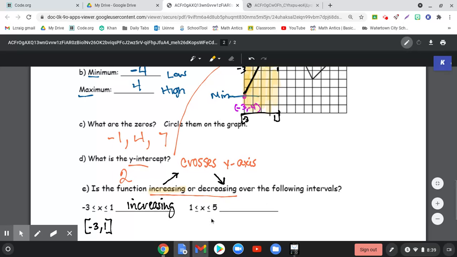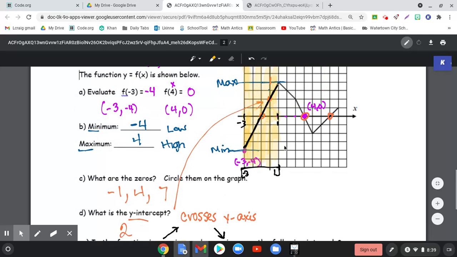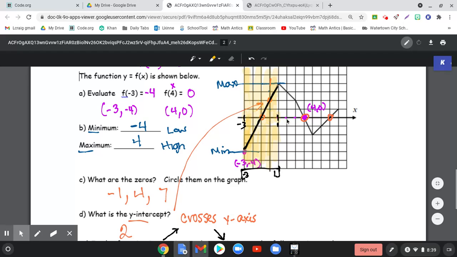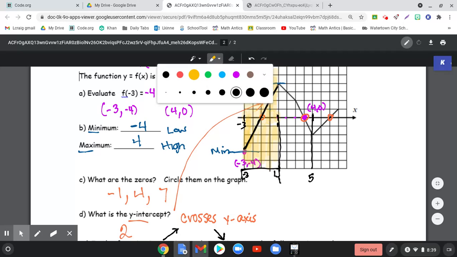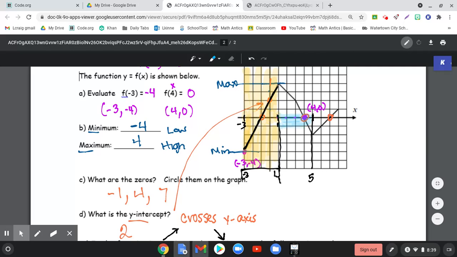All right, from 1 to 5. So find 1 to 5 for your x's. Again, it's just the width. Well, here's 1. Here, 1, 2, 3, 4. Here's 5. So basically, we want to focus on this area here from 1 to 5. I'm going to change up my highlighting here. So from 1 to 5, just in this area.